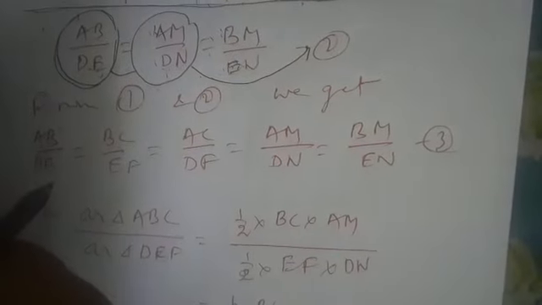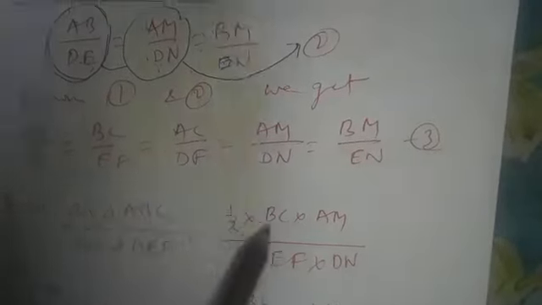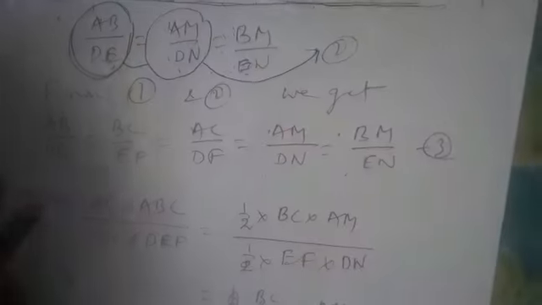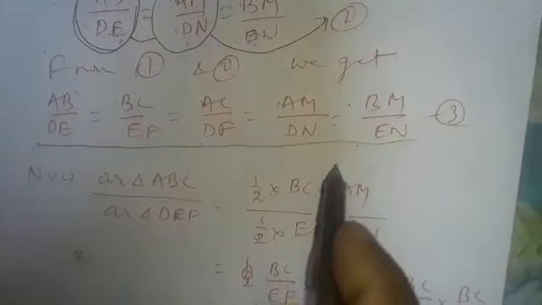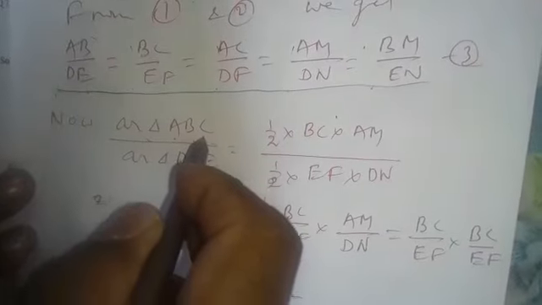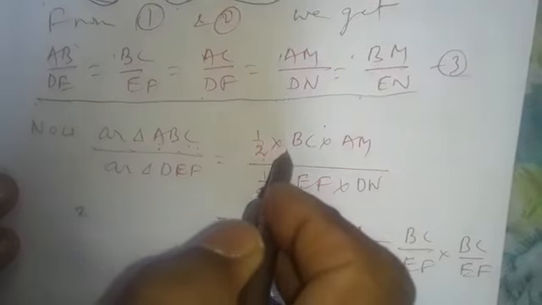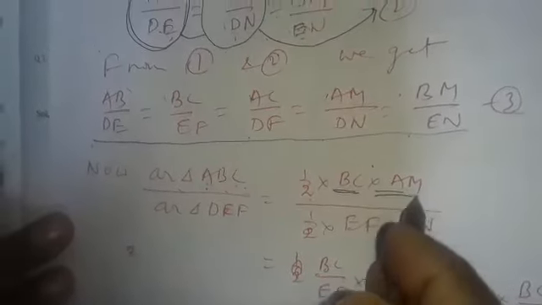That AB by DE is equal to BC by EF is equal to AC by DF is equal to AM by DN and is equal to BM by EN. We have combined equations 1 and 2 to get all the ratios equal to each other. Now, as we know the formula for the area of a triangle, the area of triangle ABC is equal to half into base BC into corresponding altitude AM.